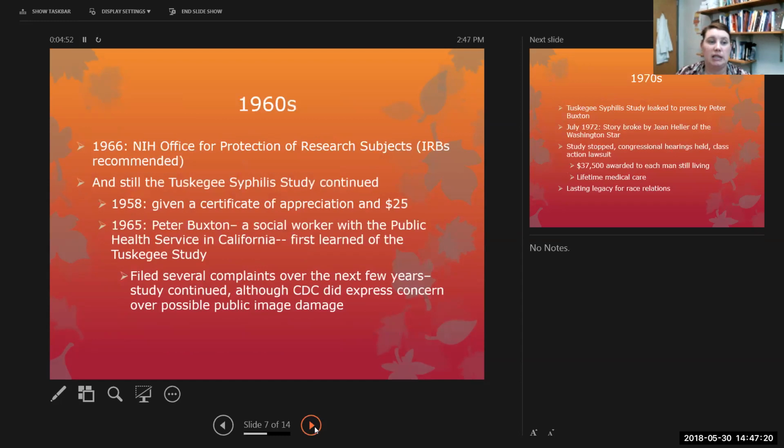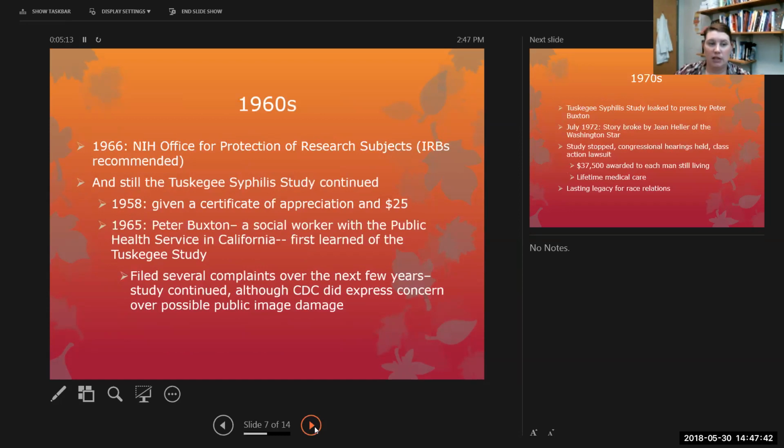Continuing on in the 1960s, in 1966, we had the National Institute for Health Office for Protection of Research Subjects, and this is where this idea of IRBs became the recommended approach to having people sign off and kind of having secondary approval in the use of human research subjects.